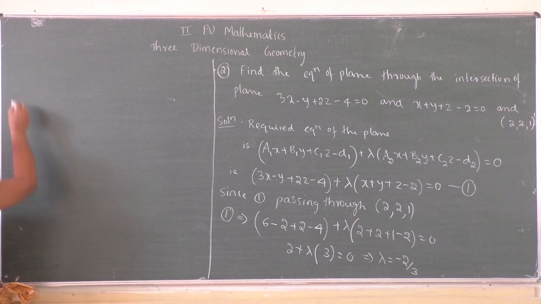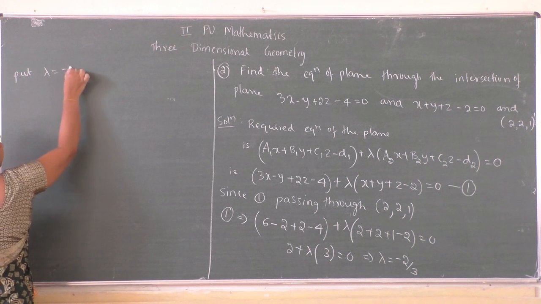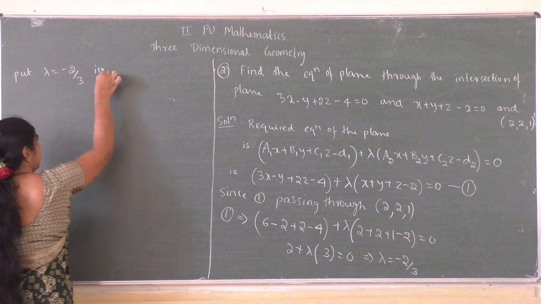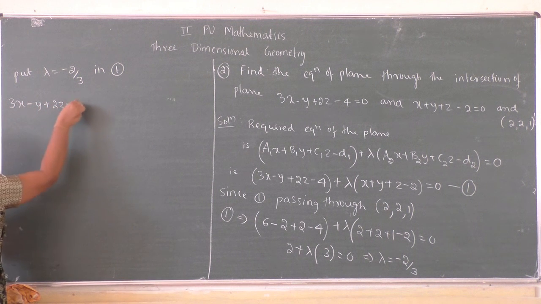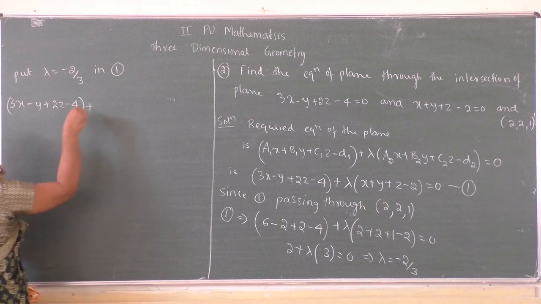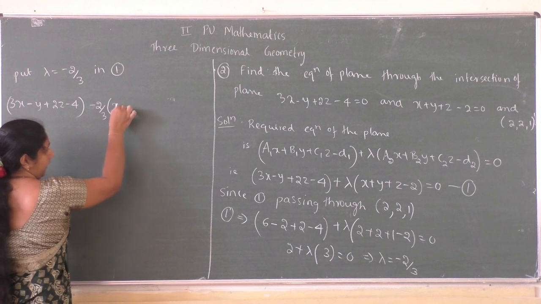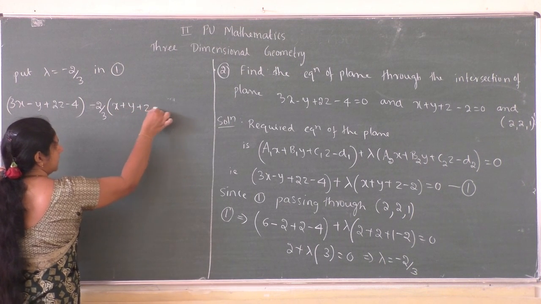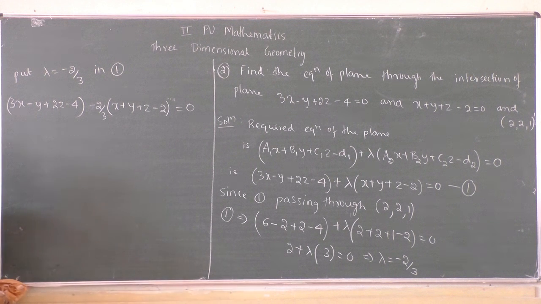So put lambda equal to minus 2 by 3 in equation 1. What will we get? Equation 1 is 3x minus y plus 2z minus 4 plus, what is lambda? It is minus 2 by 3 into x plus y plus z minus 2 equal to 0. Now we will simplify. What is the common denominator? 3.